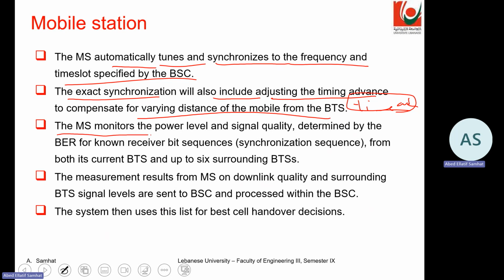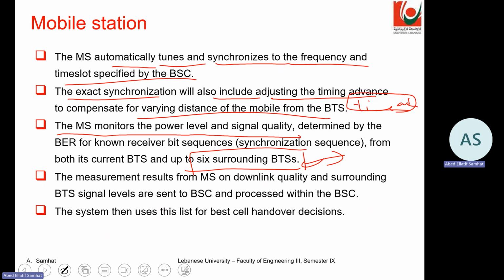And the mobile station will monitor the power level and signal quality, and it will define the bit error rate of the received data, and it's typically done for 6 surrounding cells, because as you know, we have to check the quality of the received signal from the current cell and from the neighboring cells in order to see at a certain time if it's possible to make a handover or to move to another one or not.